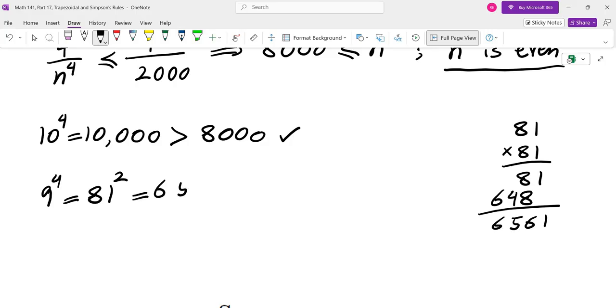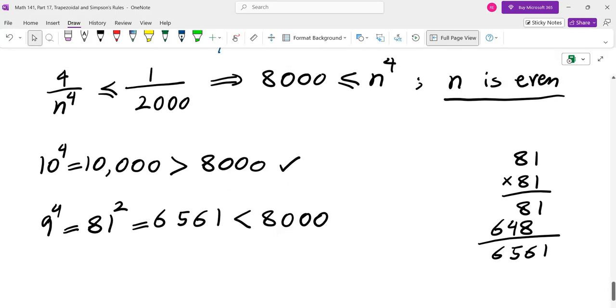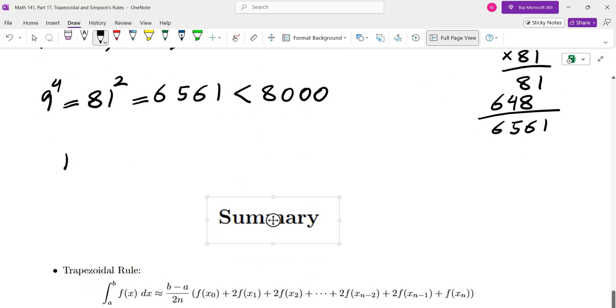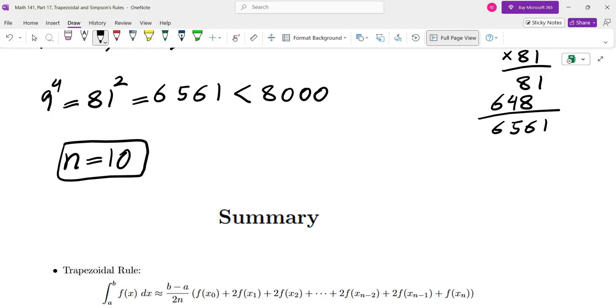So that is 6561, and that is less than 8,000. So that means 10 works, but 9 doesn't work. So that tells us that n equals 10 is in fact the answer to the problem. But again, remember that this n must be even. So I am checking that it is even.